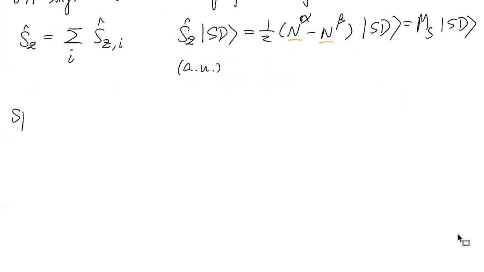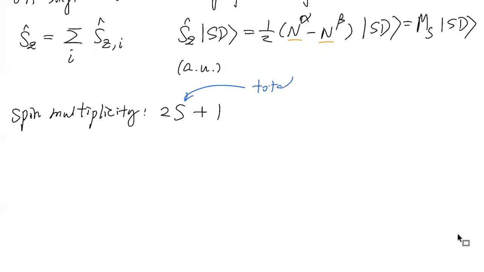And another concept is called spin multiplicity. This is 2S plus 1. Here, this capital S is the total spin quantum number.